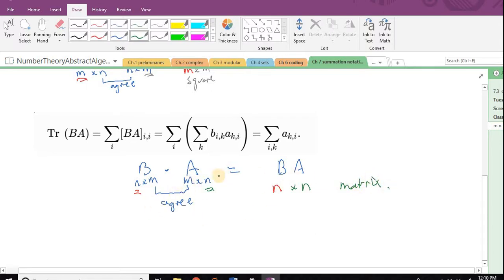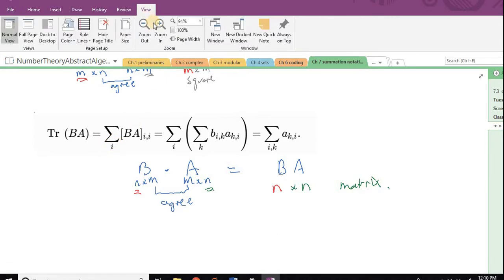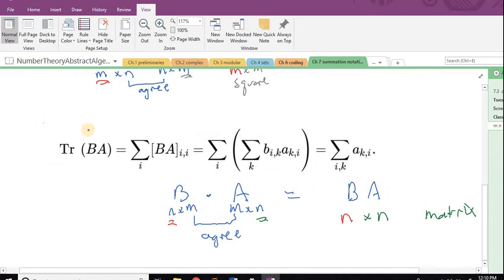All right, so let's translate this information into finding out what are the limits of these sums. So the I here, in this case, what does I run between? In this case, this I is summing over the diagonal entries of BA. BA is an N by N matrix.